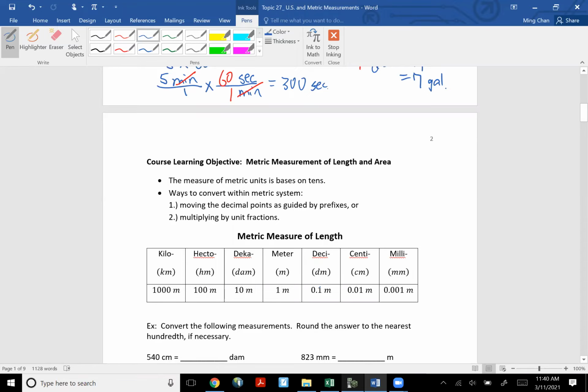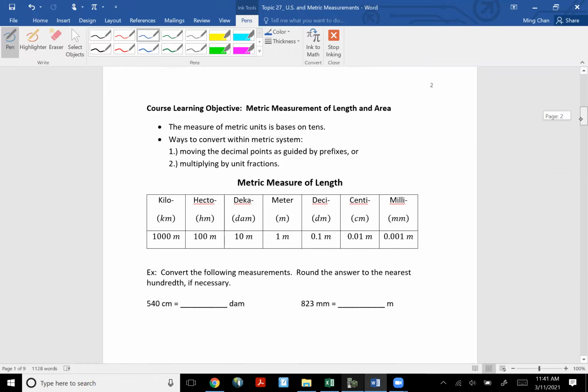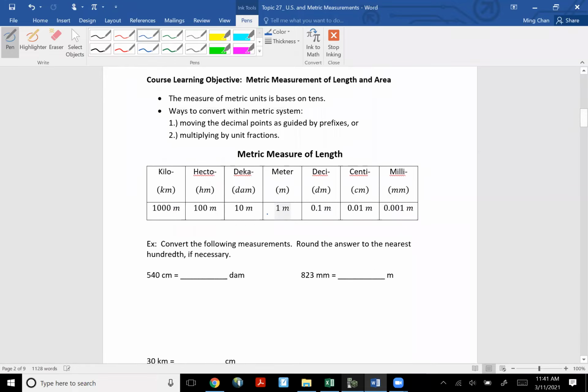And to the right, you've got deci, 0.1, centi is 0.01, and milli is 0.001. All of these numbers are compared to the 1 unit right here. So moving the decimal is the easiest way. If you know where you're starting and where you are going, then it's pretty easy to see from looking at the chart.